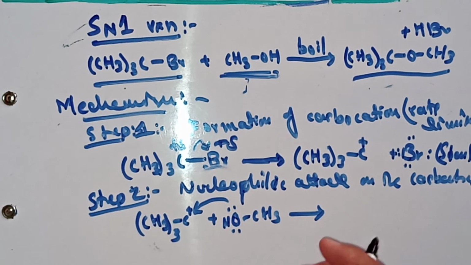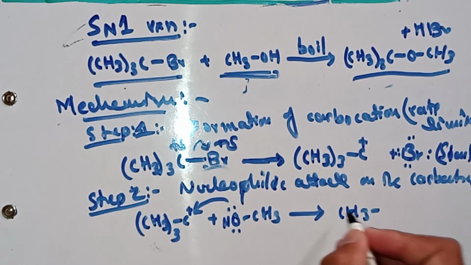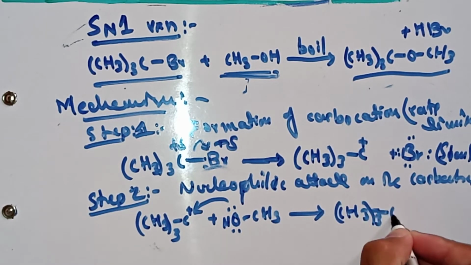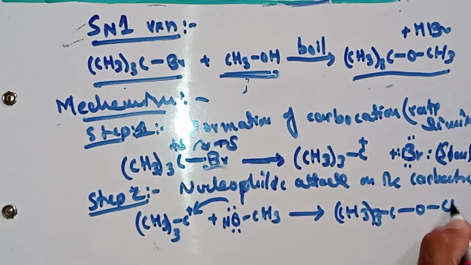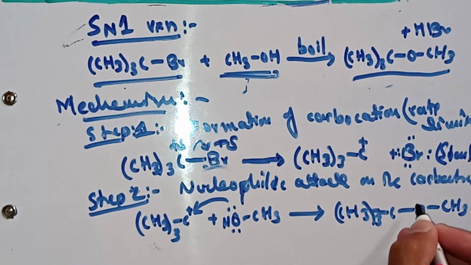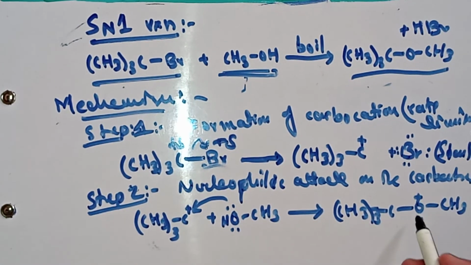After that, a second intermediate will be produced: (CH3)3C-O(H)-CH3, but this oxygen has lost one lone pair, so it gets a positive charge.